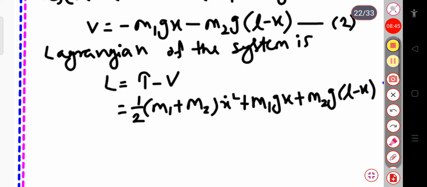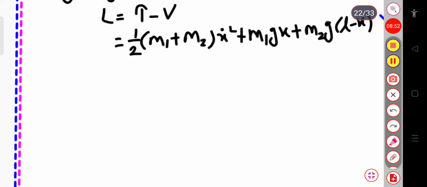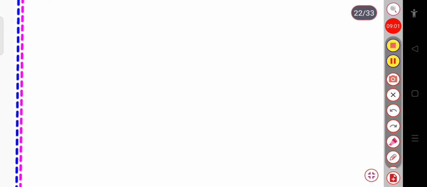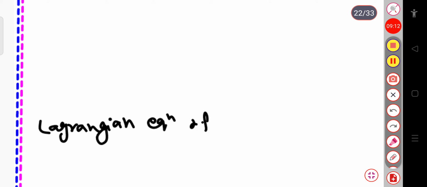Now what is our main aim? We will calculate the Lagrangian equation. Since the only independent coordinate is x, we can write the Lagrangian equation of motion with respect to x only. We need to calculate dou L by dou x and dou L by dou x dot.